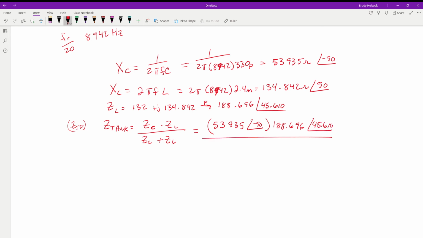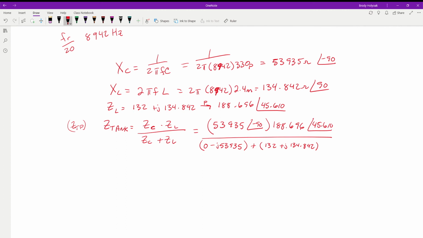We divide that by the impedance of our capacitor in rectangular form, and since it's at 90, we can easily convert that. So it's 0 minus J of 53,935. And then we're going to add that to the value that we found earlier for the impedance of the inductor, 132 plus J 134.842.